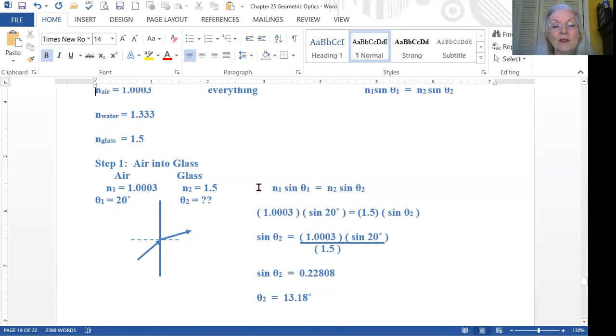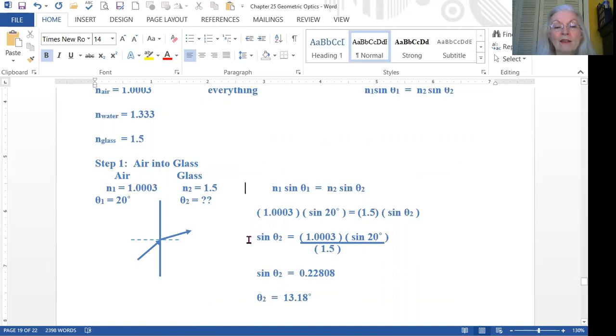So we just start out with Snell's law. N1 sine theta 1 equals N2 sine theta 2. And I know in the drawing, it's hard to tell, but this 1 was supposed to be a subscript. So it's N sub 1, not N multiplied by 1. So N1 sine theta 1 equals N2 sine theta 2. 1.0003 times the sine of 20 degrees equals 1.5 times the sine of our exiting angle.